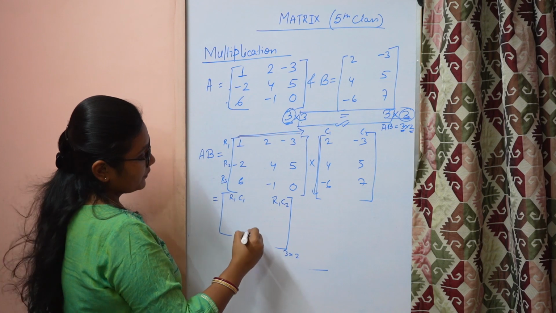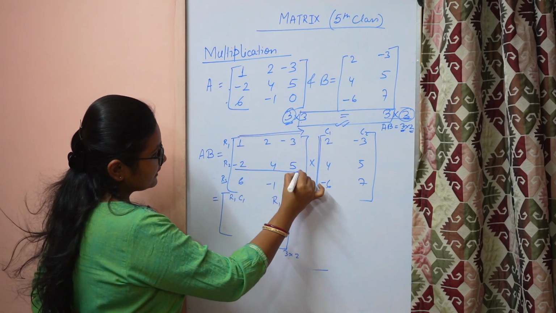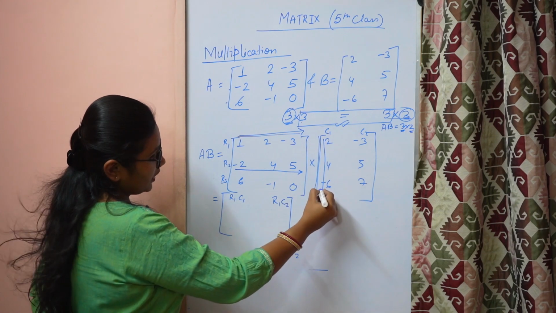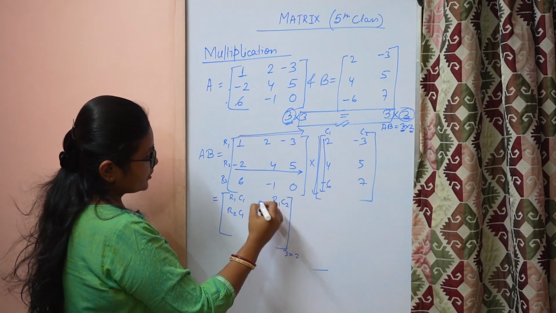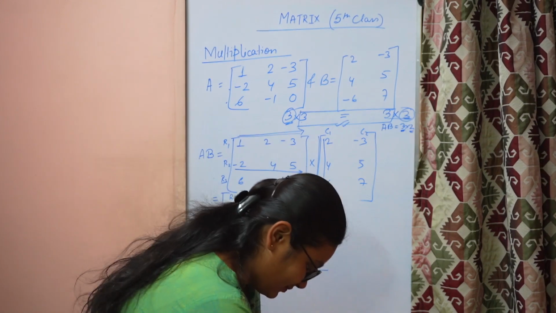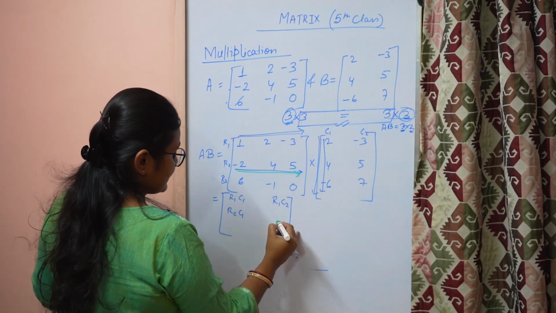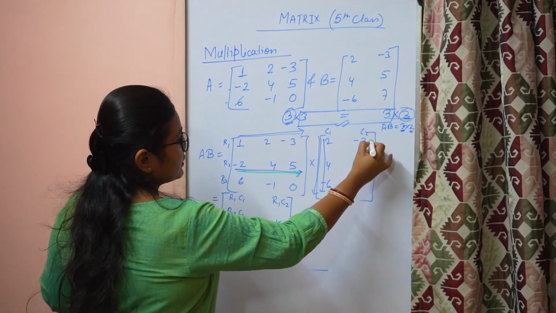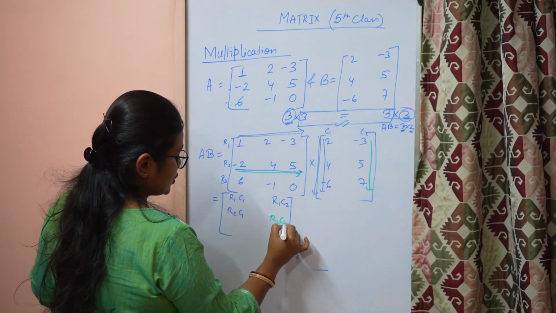Now for the second row, it will be R2, C1 and R2, C2.